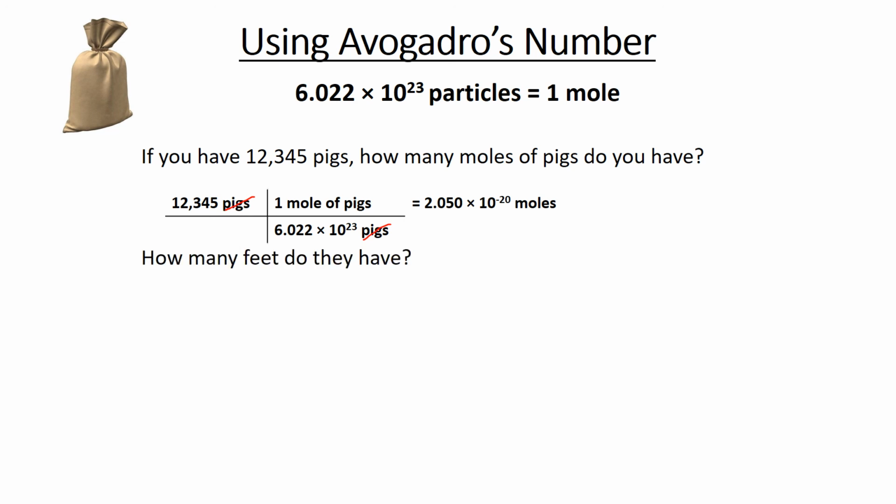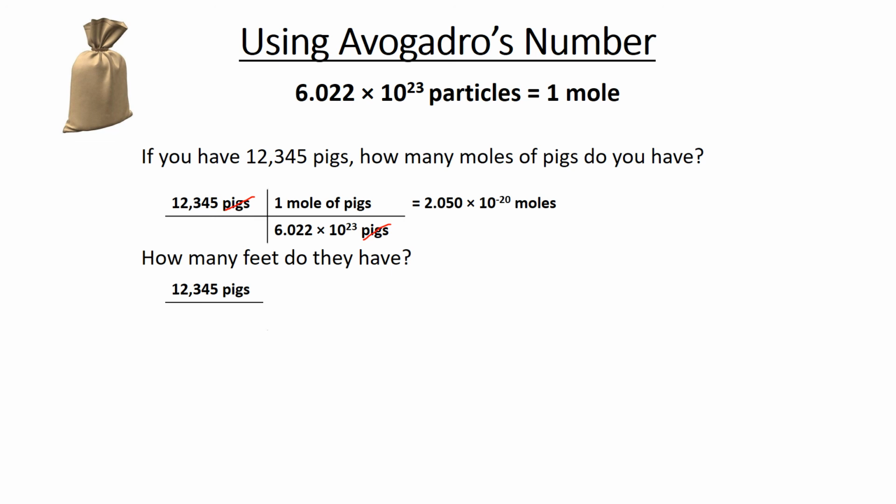But let's see, how many feet do they have? Well, there's a pretty easy way of answering this. I have 12,345 pigs. In my next block, I've brought pigs on the top, so pigs has to go on the bottom, but feet has to go on the top. So can we think of a way of converting between pigs and feet? How many feet does a pig have?